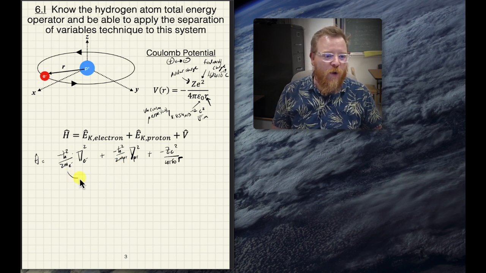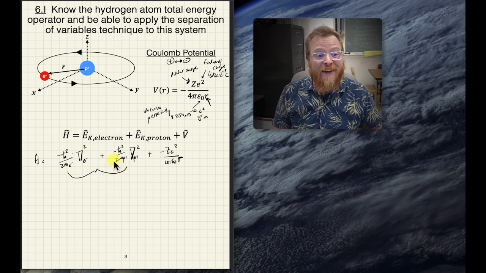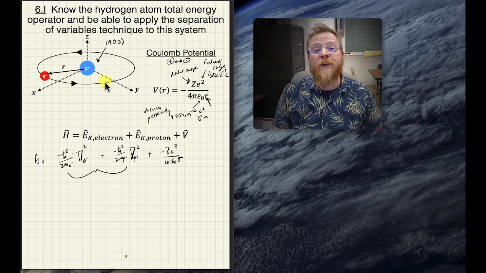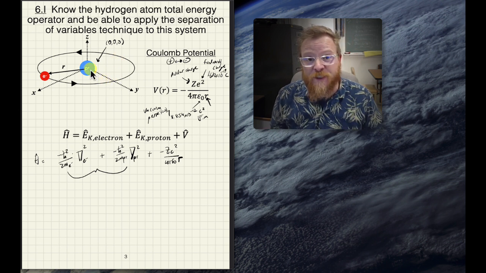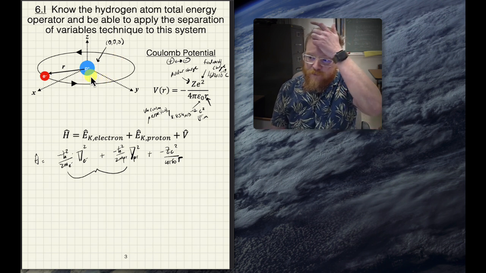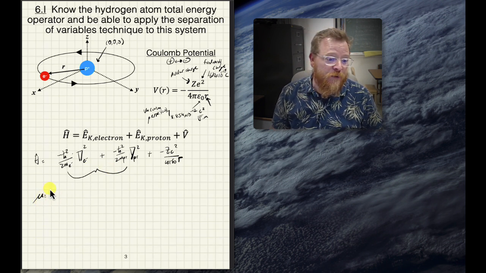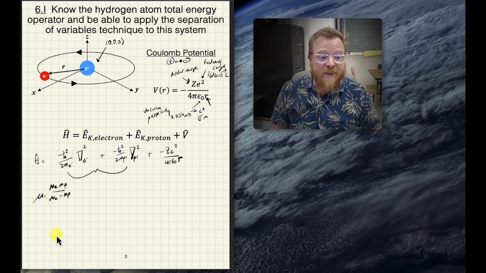So the standard process now is to combine these into this common term by creating a common coordinate system. So our common coordinate system will be 0, 0, 0, the origin for the position of the proton. And then we can also consider the reduced mass between those two pairs as me times mp over me plus mp.